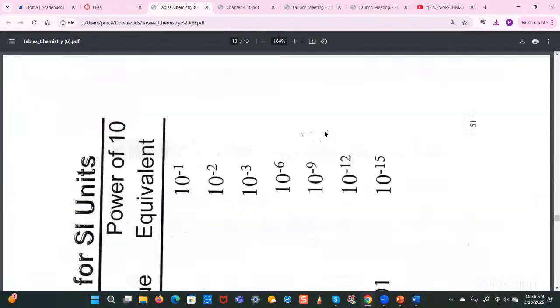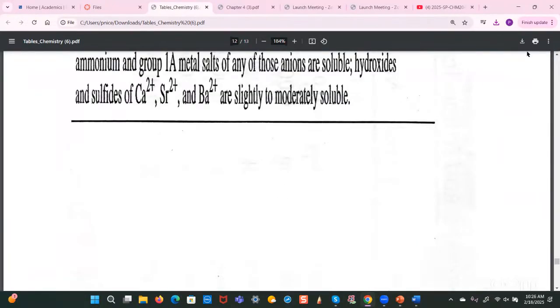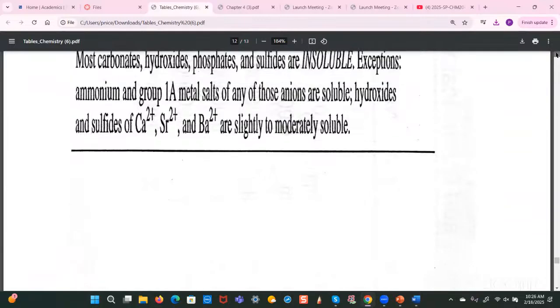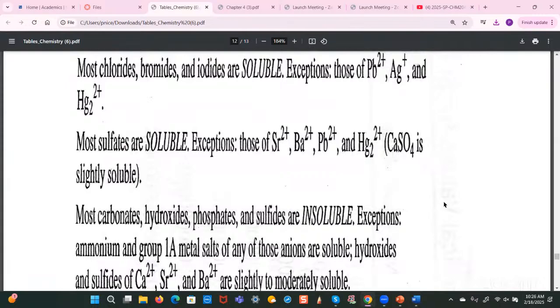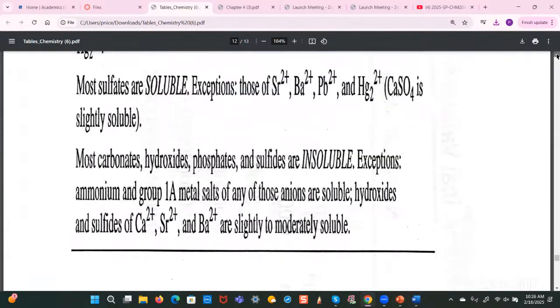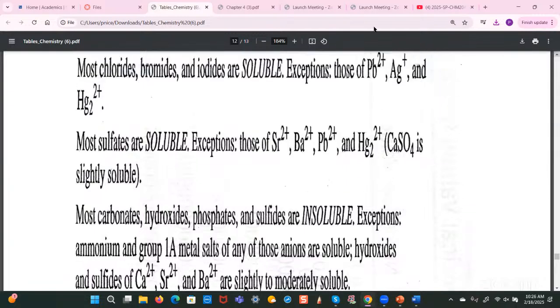So that would be, I think it's the last page, or second to last page, right? This table right here, or this chart, right? This is what is used to make predictions as to whether or not a particular ionic compound is soluble in water, right?